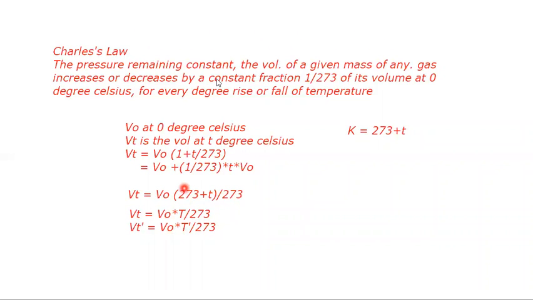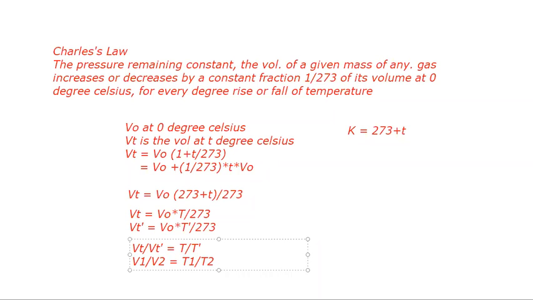So from here, we can write Vt by Vt dash is equal to capital T by capital T dash. So we can easily write V1 by V2 is equal to capital T1 by capital T2, where T1 and T2 are the absolute scale of temperatures.